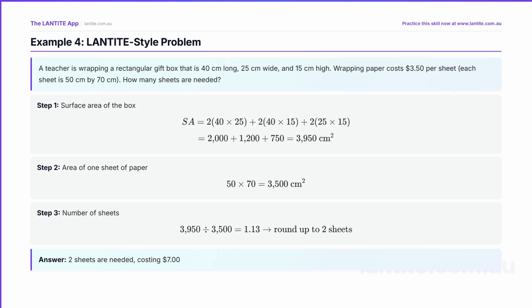Total, 3,950 square centimeters. Each sheet of paper is 50 by 70, which is 3,500 square centimeters. Dividing 3,950 by 3,500 is 1.13. Since you cannot buy a fraction of a sheet, round up to 2 sheets costing $7.